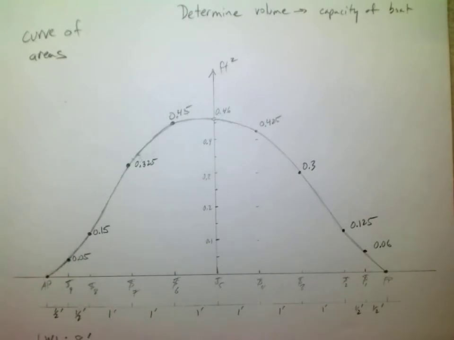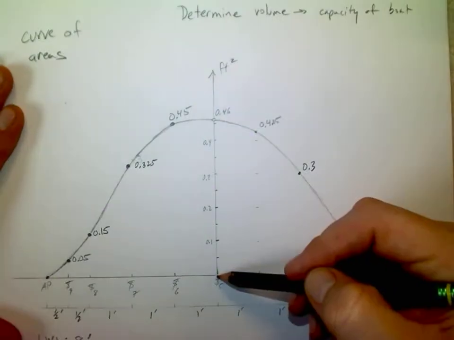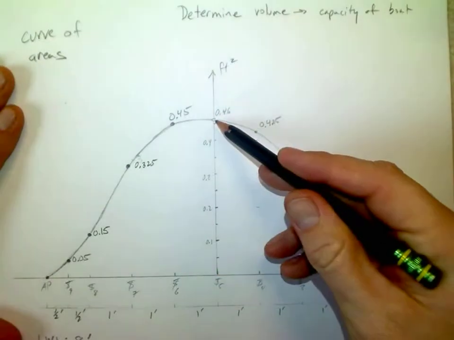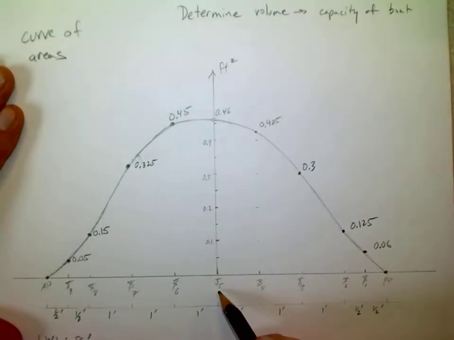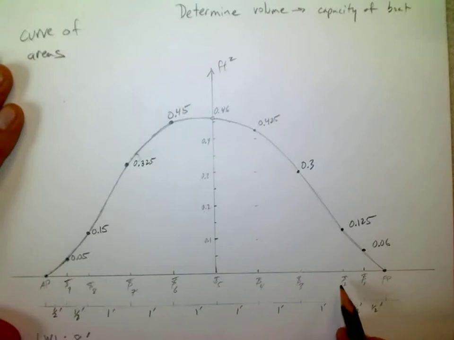I just came up with some numbers that could work, where this vertical axis is the cross-sectional area of the individual stations. So I have a forward perpendicular, stations 1, 2, 3, all the way to station 9, and an aft perpendicular.